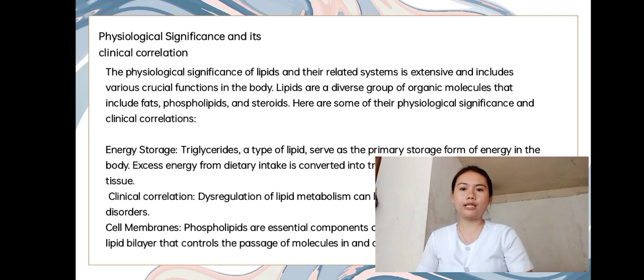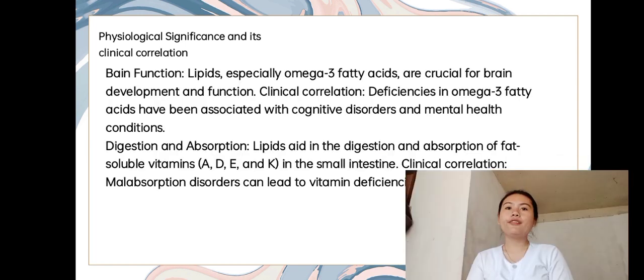Then, cell membranes. Phospholipids are essential in the cell membranes. Another significance and its clinical correlation is brain function. Lipids, especially omega-3 fatty acids, are crucial for brain development and function. So, importante ang omega-3 for the development and function of the brain.